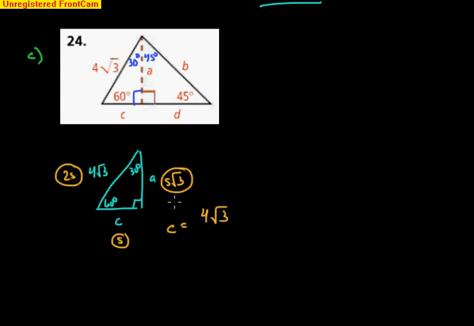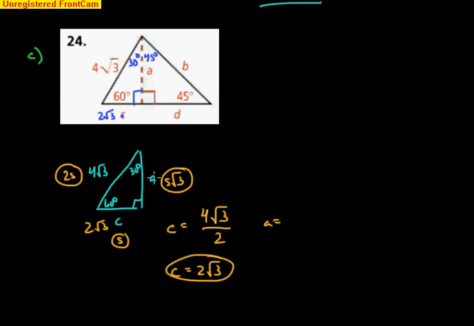So to go from 2s to s, I divide by 2. So take your 4 radical 3 and divide by 2. The 4 and the 2 will cancel, and C is 2 radical 3. And there's C. I'm going to actually put that on my picture. And I'll put it here too. 2 radical 3.